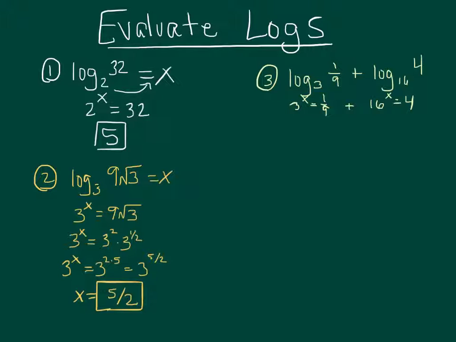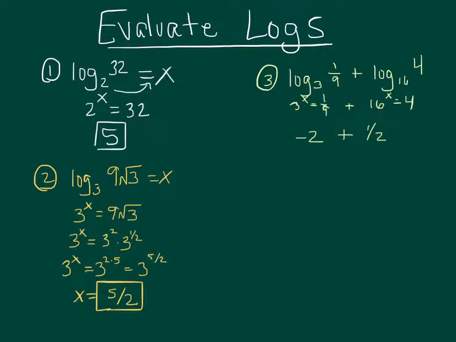So if we think about 3 to what power equals 1/9, here we have a fraction, so we know it's going to be a negative exponent. So 3 to the negative 2 power is 1/9, because 3 squared is 9, so 3 to the negative 2 is 1 over 9. To that, we're going to add here. Here we have 16 to the x equals 4. We know that 4 is the square root of 16, so 16 to the 1/2 power.